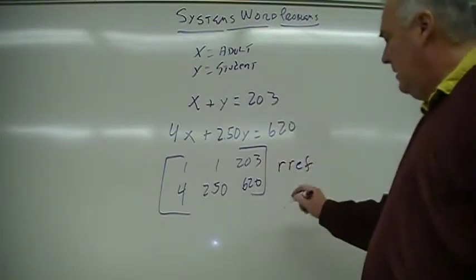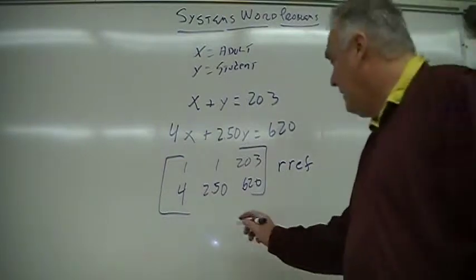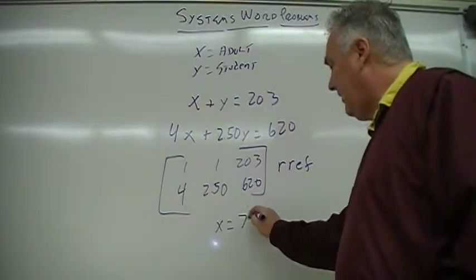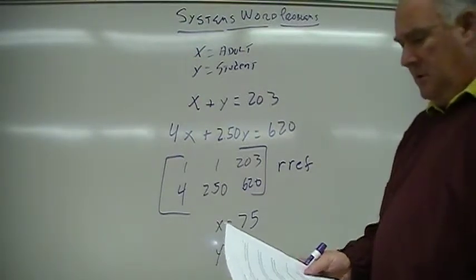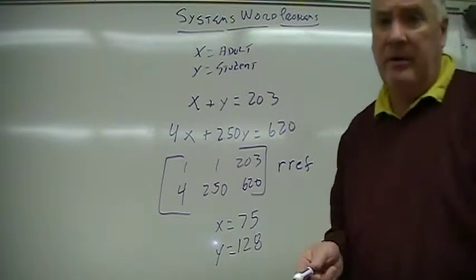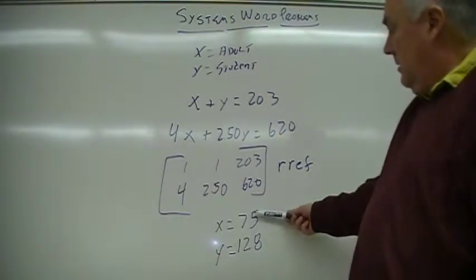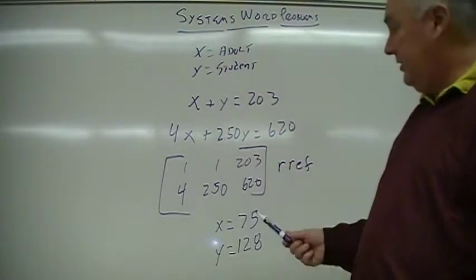RREF, and your answer at the end will be X equals 75 and Y equals 128. Something I didn't talk about in the last problem: both of these numbers fit into this situation.